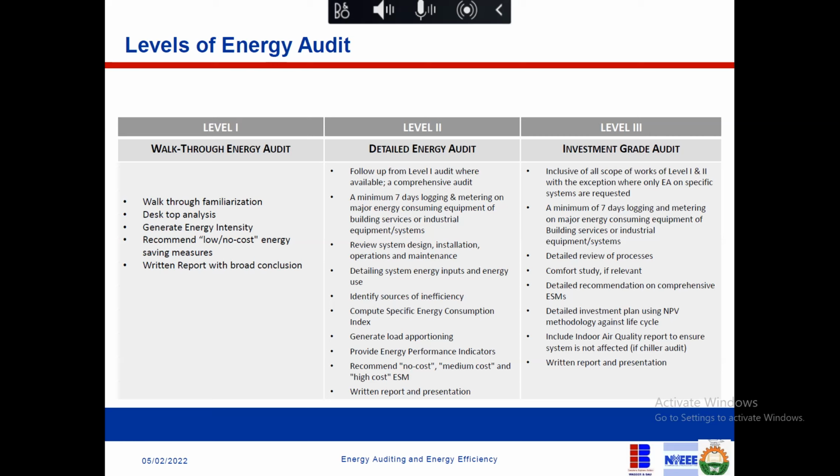Or is it a must that every time you must go through level 1, level 2, level 3, or it doesn't follow that process? Do you understand what I'm saying?